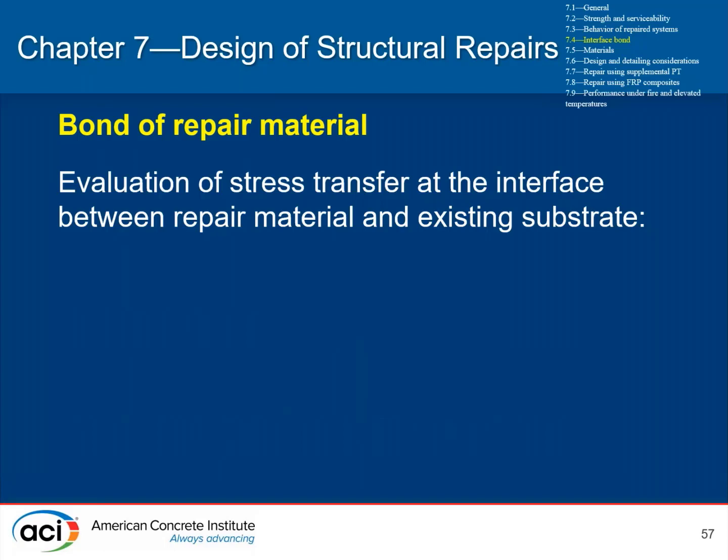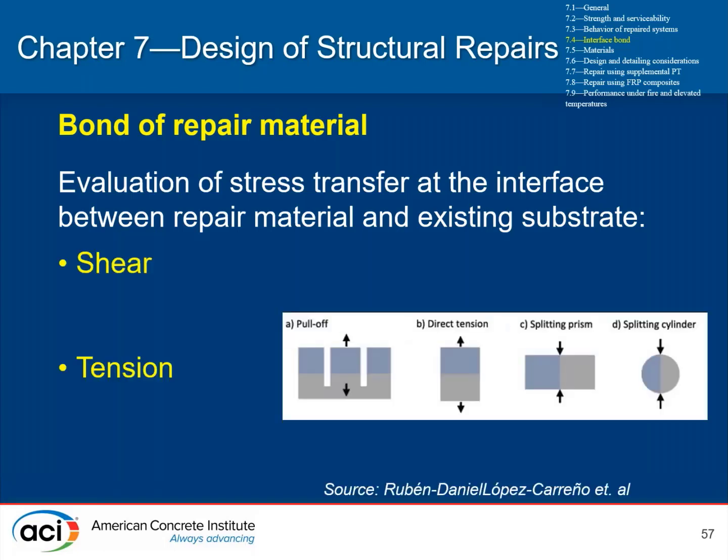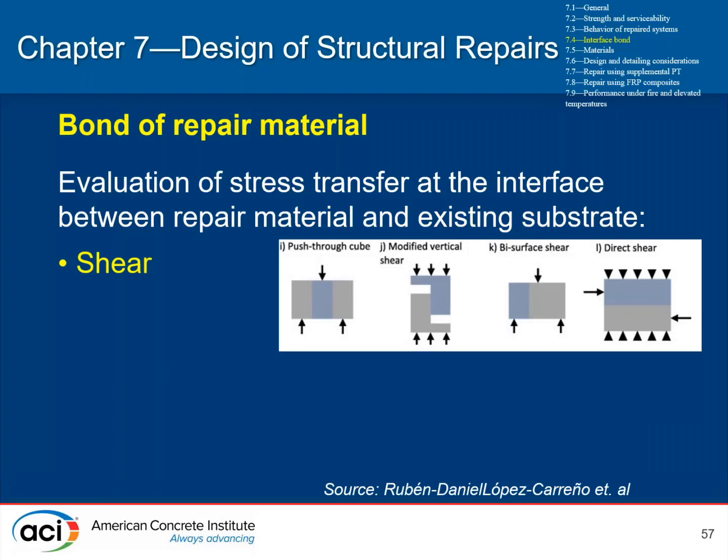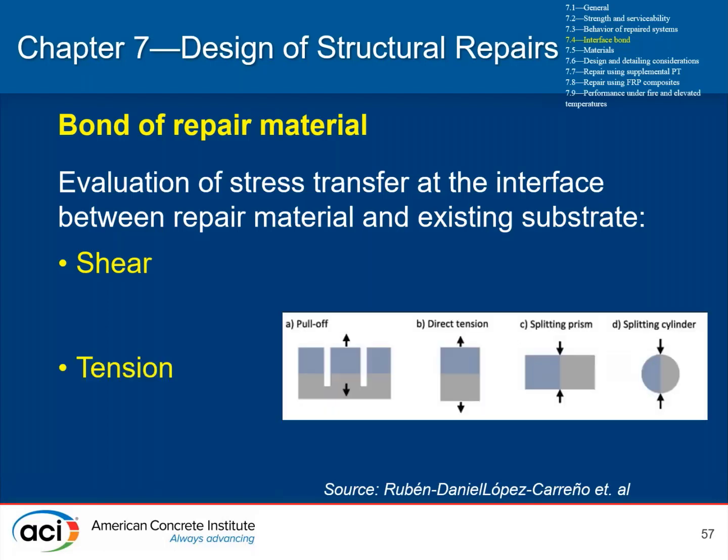The critical part of evaluating bond for repair material and in a general repair is to evaluate the stress transfer at the interface between the repair material and the existing structure. Obviously, we know that shear is a primary actor on many repairs, especially those in flexural members.